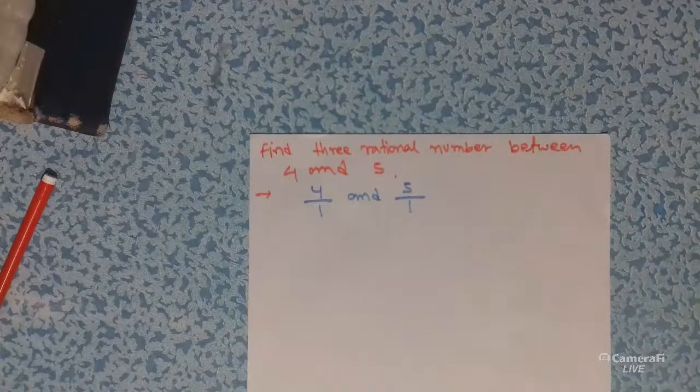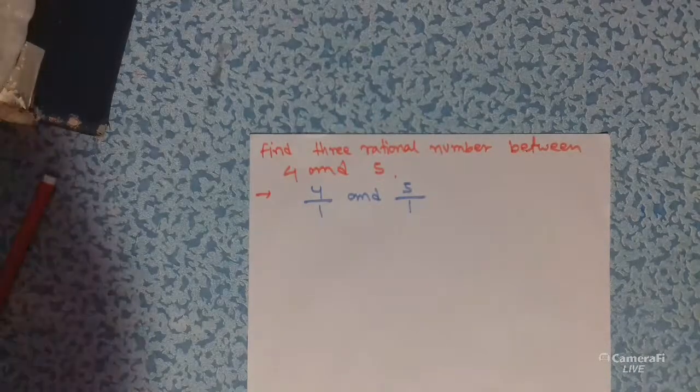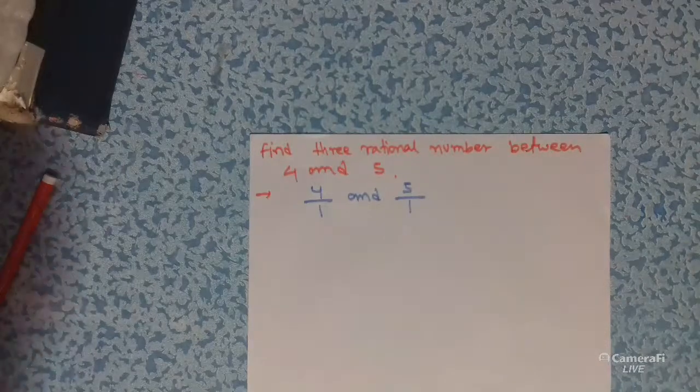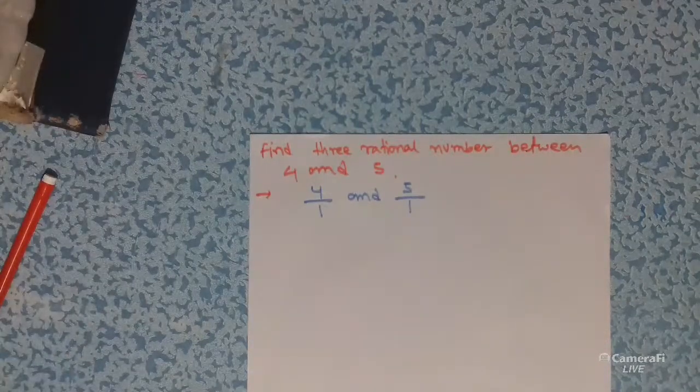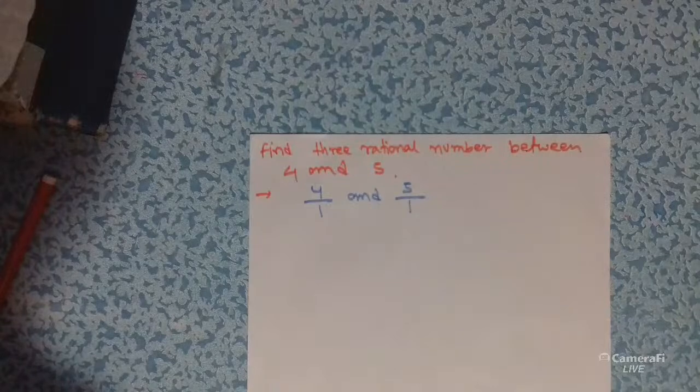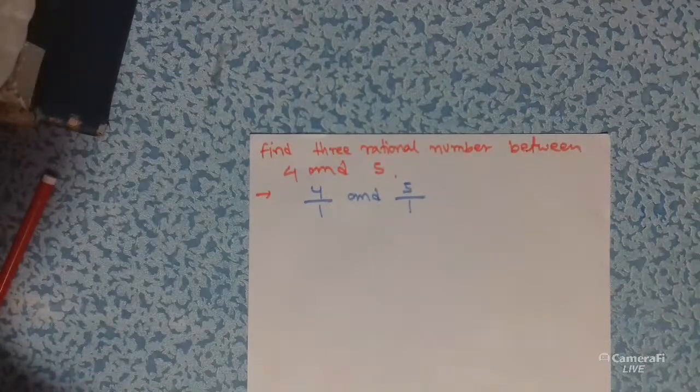I repeat once again that the denominators are same. Now you have to multiply both the numbers by a common number such that the number is greater than 3. Okay, so I can see that some students already sent 17 by 4, 9 by 2 and 19 by 4.